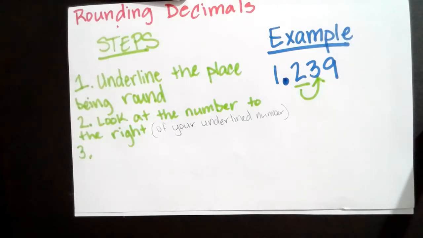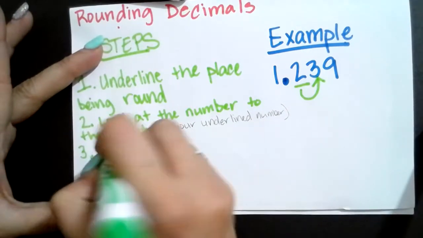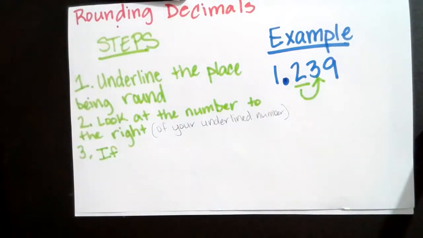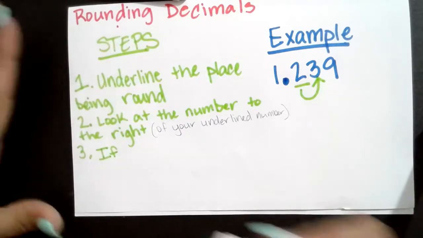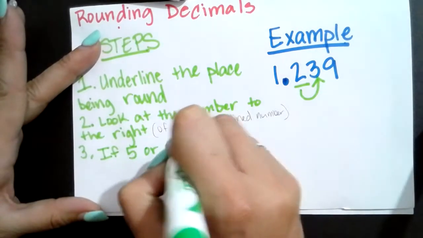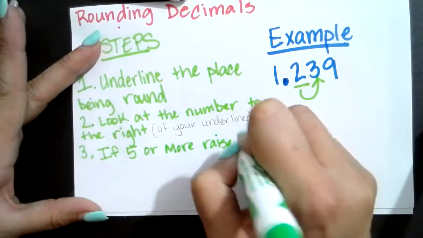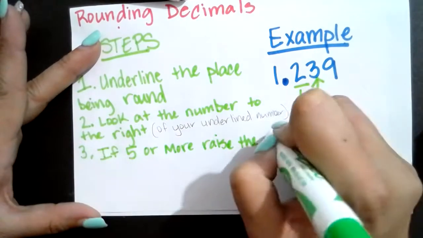Step three is if 5 or higher, raise the underlined number. And y'all said to me last year, if it's 5 or more, raise the score. So we can write that. If 5 or more, raise the score.